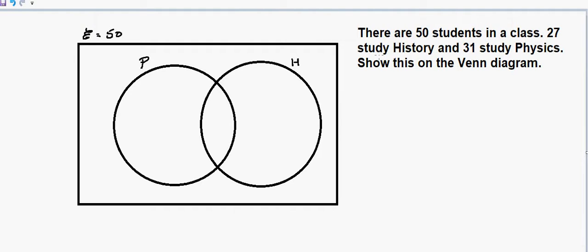27 study history and 31 study physics. So we've got to show this on the Venn diagram. Now we can see that the two circles overlap. So this area here, the intersection, is for people that are studying physics and history.